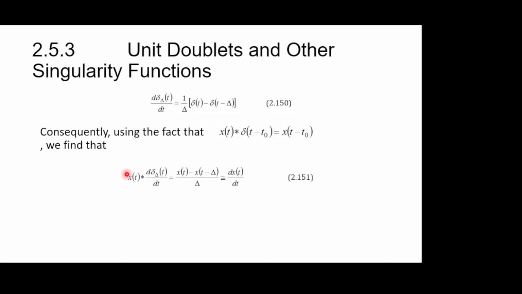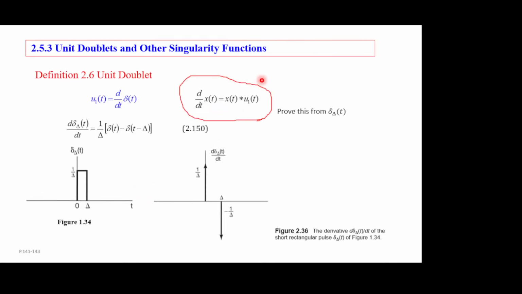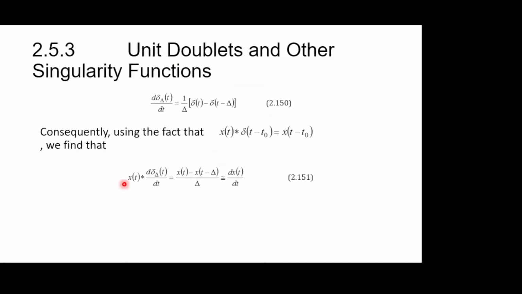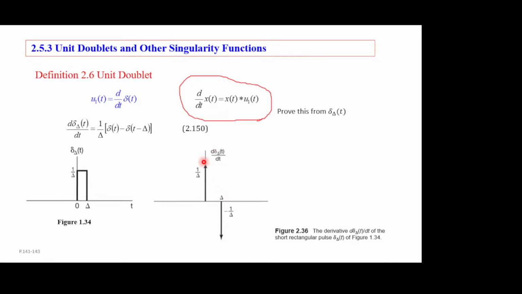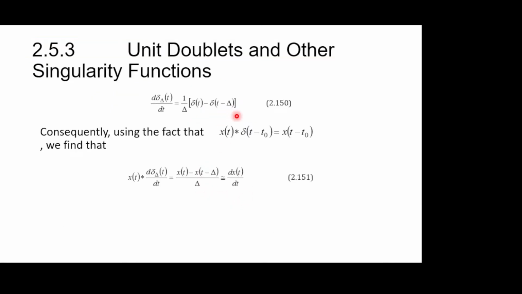So we convolve our x of t with our u1 of t, when delta is not equal to 0. So x of t convolved with this delta-sub-triangle of t. Because it has two delta functions here, and as we said at the start of this class, x convolved with a delta function just gives you x back with maybe a time shift.